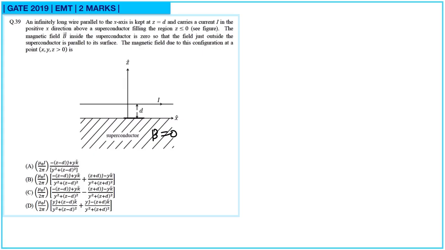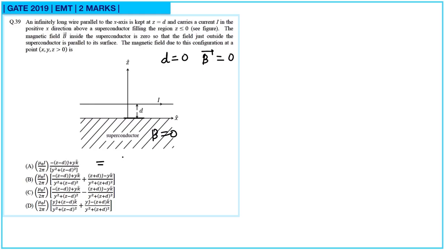Now here the magnetic field is 0 because it is a superconductor. That means just at this boundary, if we consider z equal to 0 or this d equal to 0, then in that case this B should be 0. So we have to consider that B has to be equal to 0. So in these options we can put d equal to 0 and then the answer should be 0.